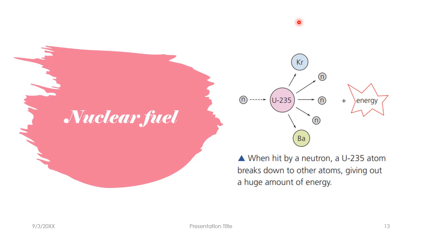The energy given out is used to heat water, to make jets of steam, to drive the turbine for generating electricity, and so on. The radioisotope uranium-235 is commonly used in nuclear fuels. When it decays, the new atoms that form are also unstable and break down further.